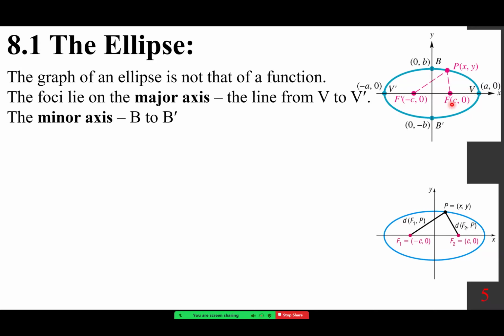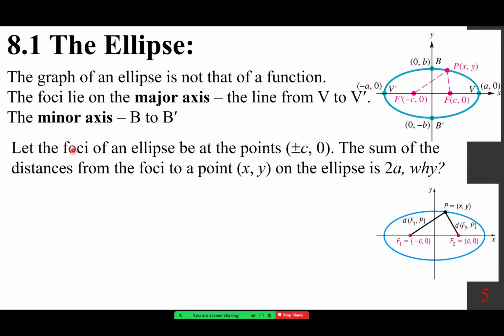Sometimes we call the foci F and F prime, sometimes F1 and F2. Either way, this distance plus this distance, or if you pick any other point here and connect it, makes no difference. That sum is fixed.